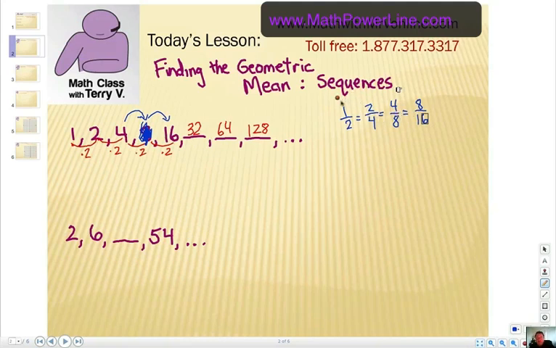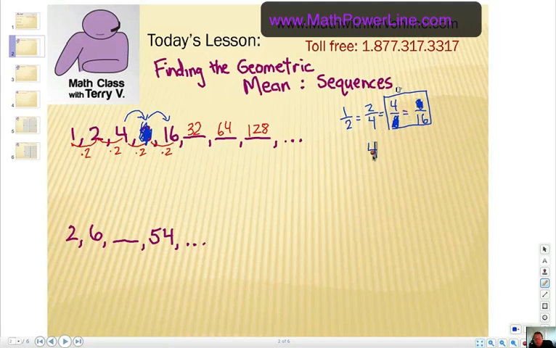All right, so what we're going to do is try to figure out how to create a proportion from this. And here's the key with the geometric mean. What I can do is I realize that if I didn't know that 8 was there, then I have a proportion where it's 4 over something equals something over 16. Just the way the number sequence works, the fact that it's a multiplication pattern allows me to create a proportion.